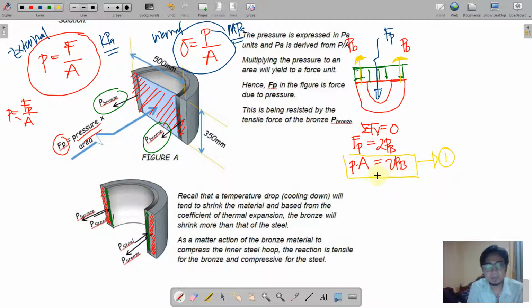All we need is to determine the pressure or the force on the bronze rod or on the outer hoop. Where shall we get that? We are going to solve for the forces out of the deformation equation.